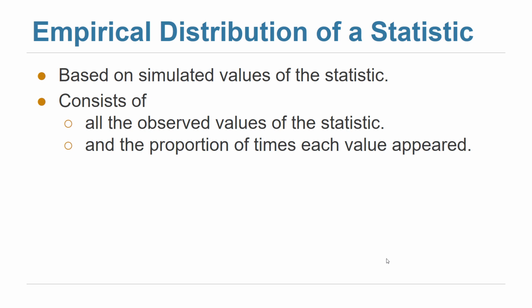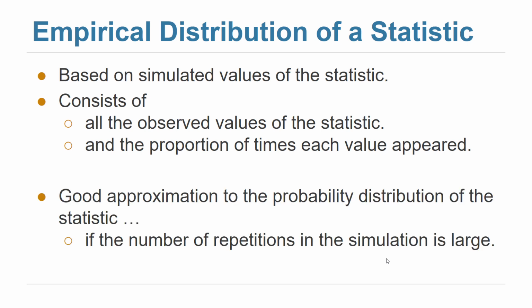We talked about empirical distribution before, right? The empirical distribution has all the observed values of the statistic, and with each observed value, the proportion of it, which we can see as the probability of seeing that value. And this empirical distribution is a good approximation to the actual probability distribution if the number of repetitions is large enough.